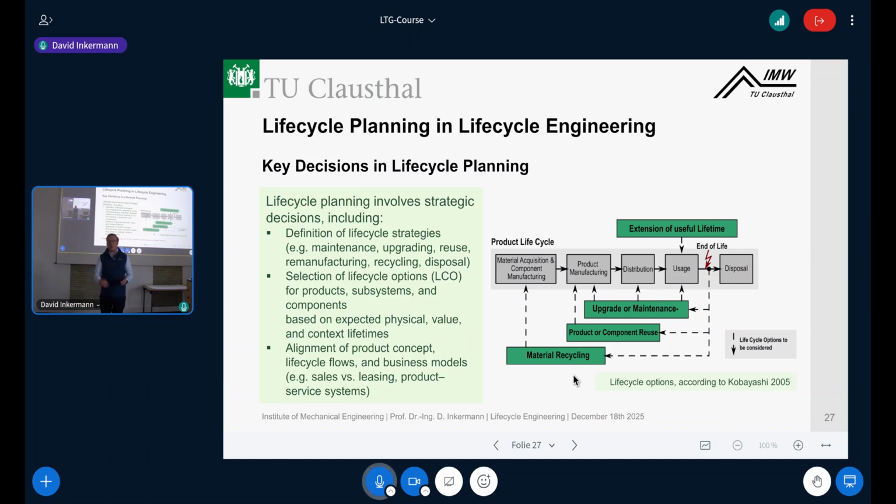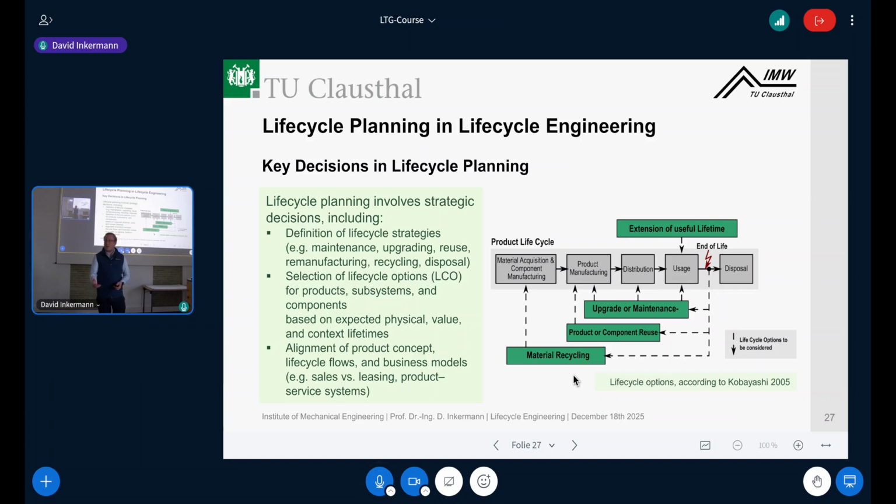And it is important, we will see that also in later slides, to not only focus on the whole product, but more on single components of the product. So what is the life cycle for a specific component used in the product, for instance? Is that designed for maintenance because it's affected by higher wear? Is that designed for recycling or for disposal? What is the strategy here?